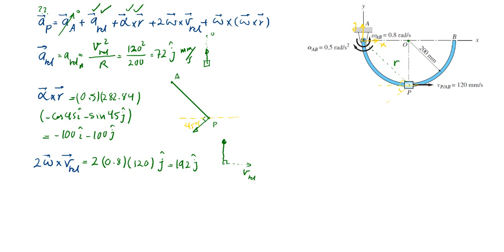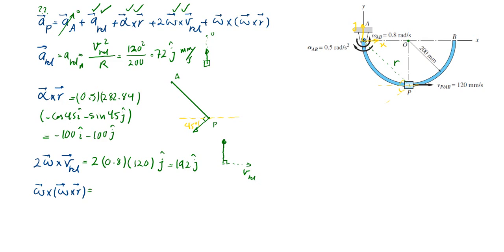And the final term, in this case also we know the magnitude and direction. The final term is omega cross omega cross R. When we talked about the direction, we said the direction of this is always from the point we're studying toward the origin of the local coordinate frame. It doesn't matter what the direction of omega is, as long as this term exists.